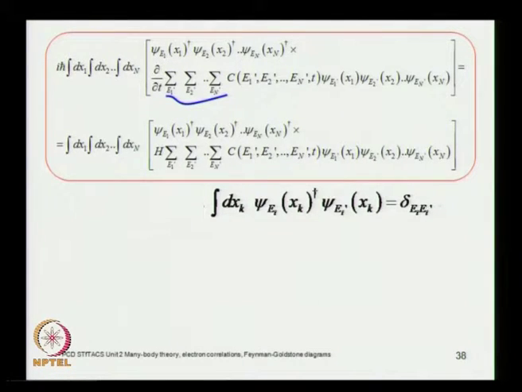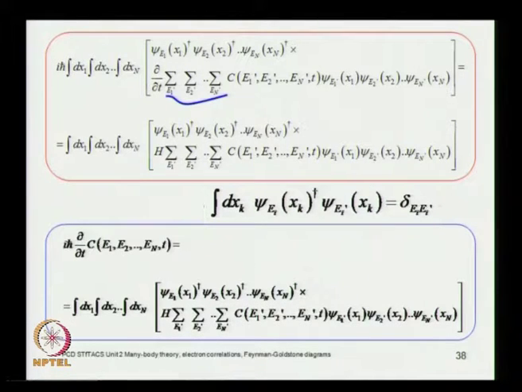So, you can exploit the orthogonality condition, and what you have on the left hand side is, after contracting these integrals exploiting the Kronecker deltas and the orthogonality of the wave functions, you get iħ, then you have the time derivative of the time dependent coefficient C which contains the statistics.